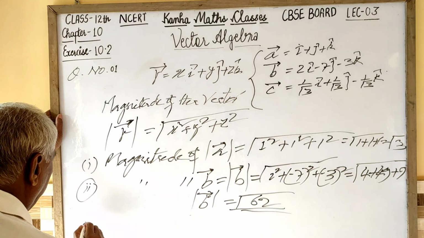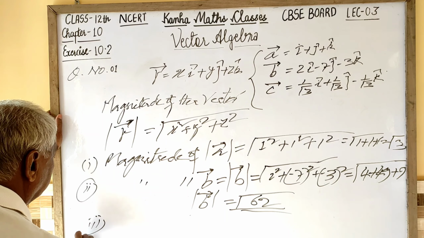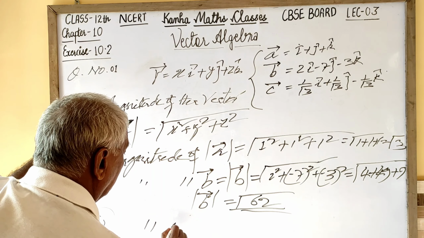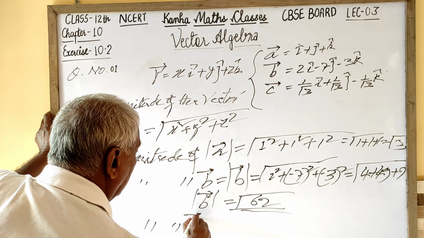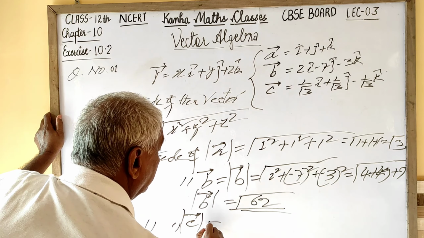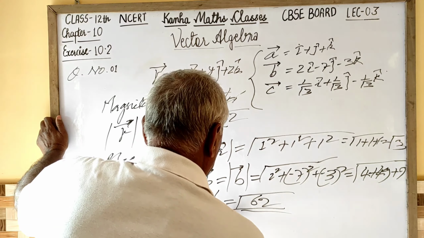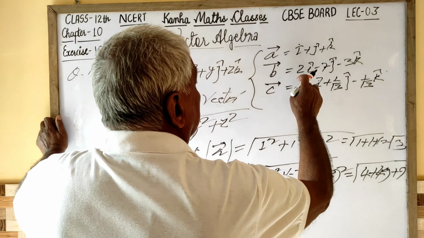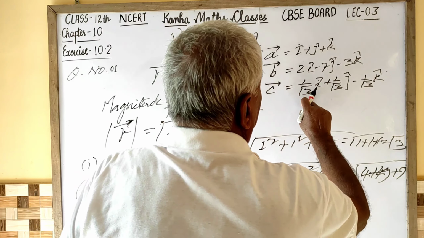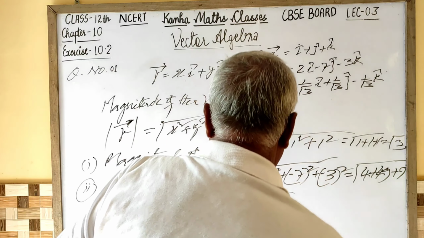Now the magnitude of the third vector, that is vector C, is equal to, instead of x we have written here 1 upon root 3.